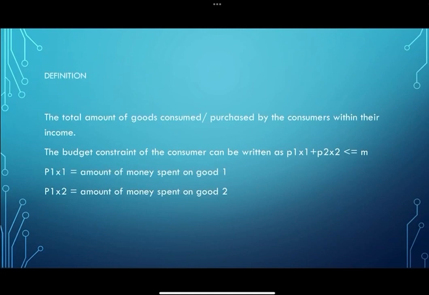Here P1 is the price of good 1 and x1 is how much you consume. P2 is the price of good 2 and x2 is how much of good 2 you are going to consume. That is the meaning of these variables, and M here represents income.